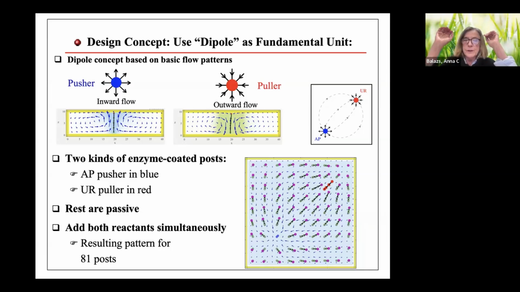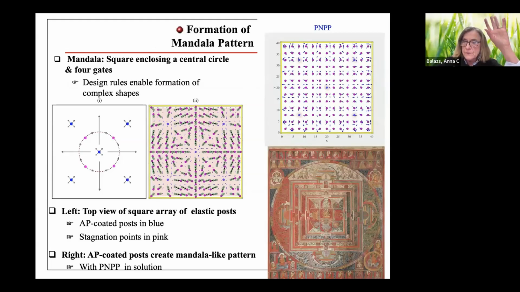Those words aren't that important, but one generates inward flow and the other generates outward flow. So the pusher pushes the fluid away, that's inward flow, and the puller pushes the fluid towards it, and that's outward flow. If I use these as my basic design motifs, then I have rules for where I can put them to make the pattern that I'd like.